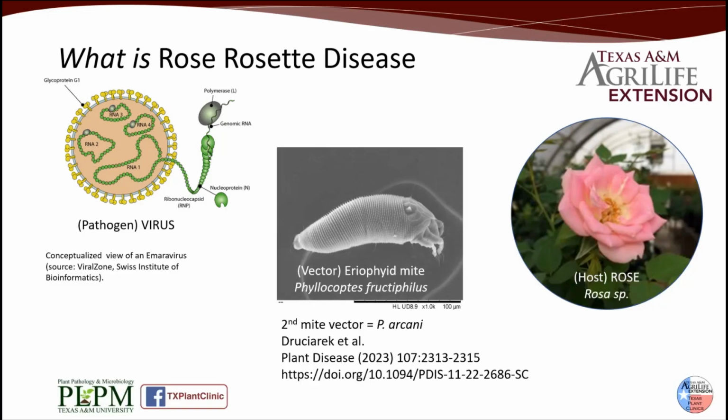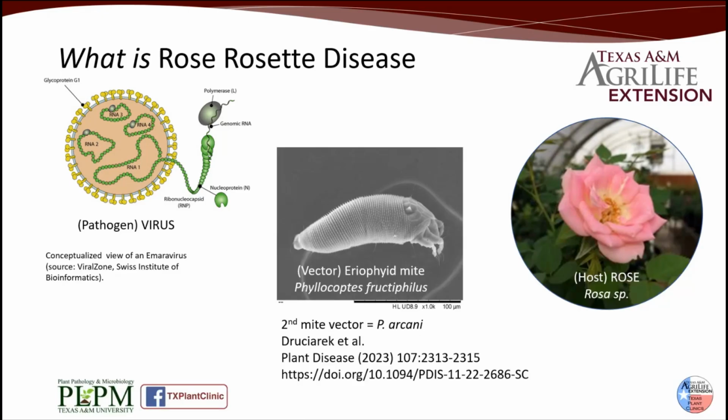So take your pick. As far as general knowledge in the literature right now, what we do know is that transmission of this virus is by Phyllocoptes fructiphilus. So are there other potential modes of transmission? Very likely, but none that is published or shown, at least with scientific data.